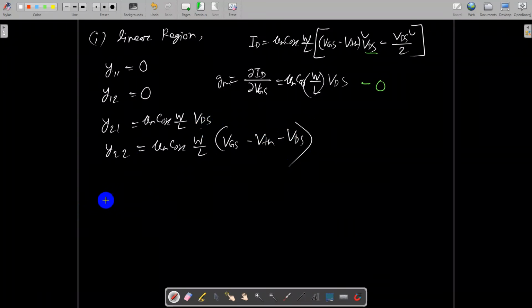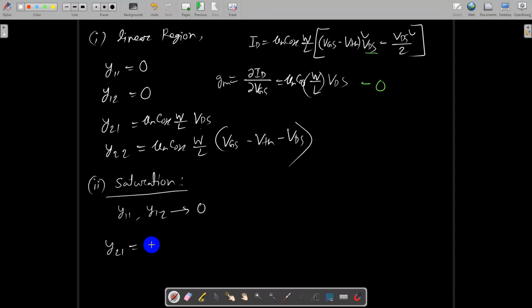So let's do this for our saturation region, or flat region. For saturation, your Y11, and again your Y12, is 0. We are assuming the ideal case.